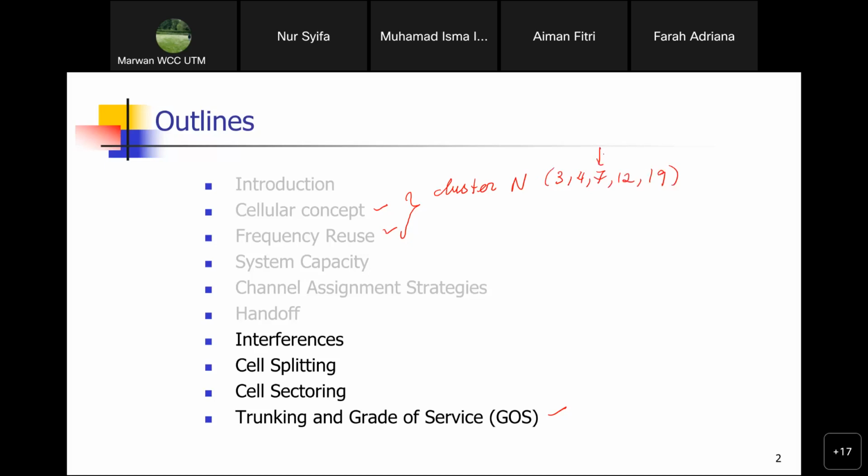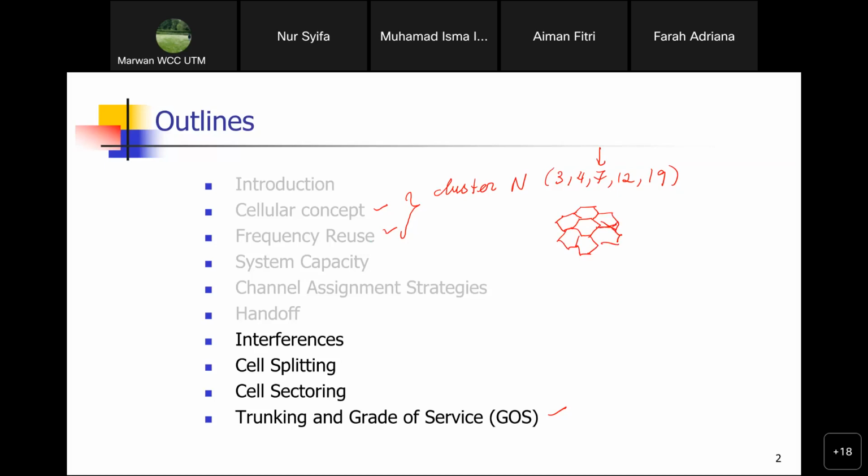N equals 7 is one of the most popular clusters. Once you are having a cluster of 7, for example, this is a cluster of 7, meaning that there are 7 cells within one cluster.